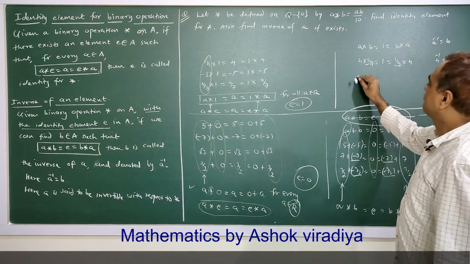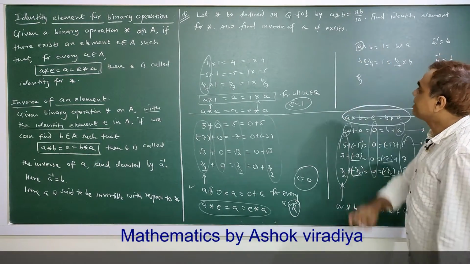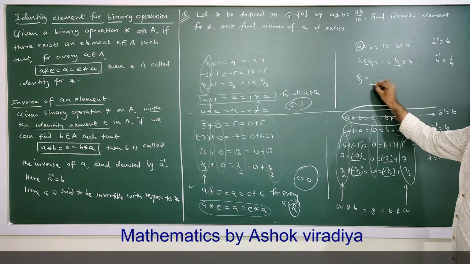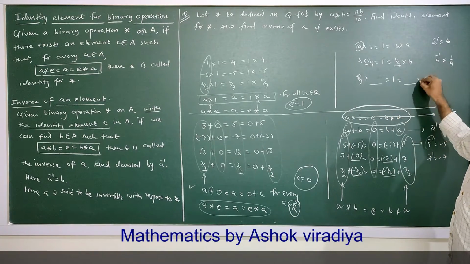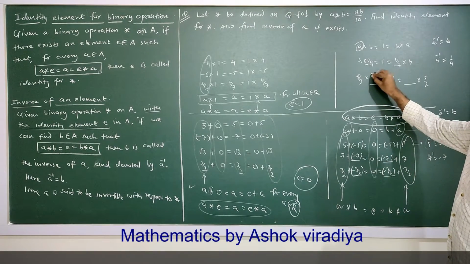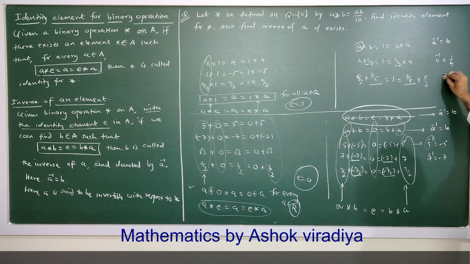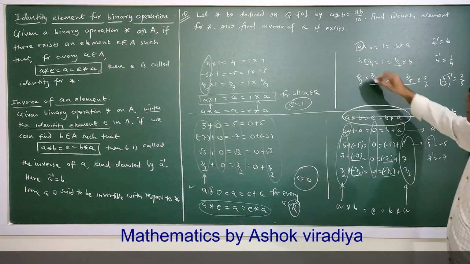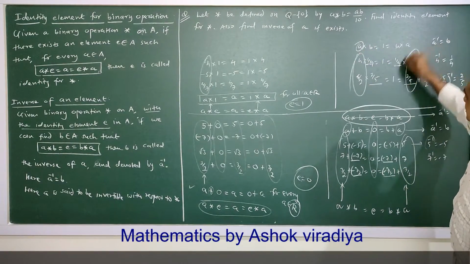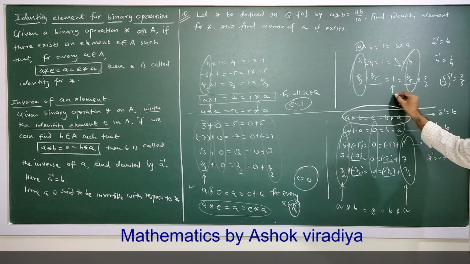If I take 5 by 2, if we keep here 5 by 2, 5 by 2 into something equal to 1, equal to something into 5 by 2. So here something will be 2 by 5. So the inverse of 5 by 2 is 2 by 5. So see, here I am changing A. This is fixed. 1 is fixed.